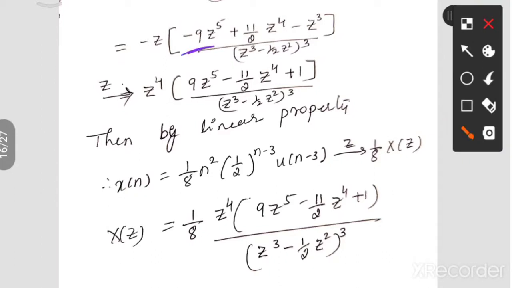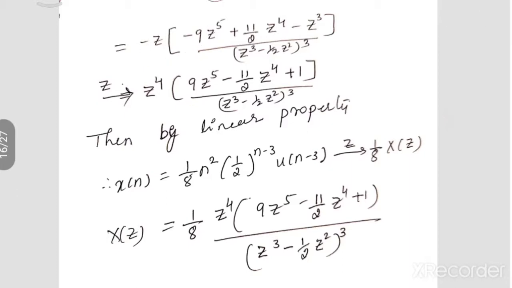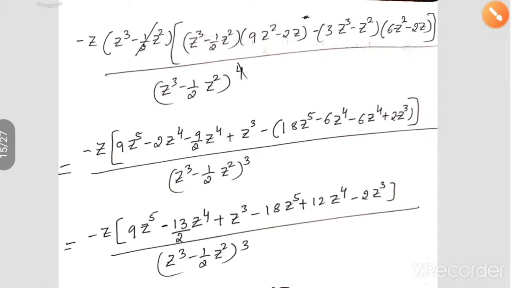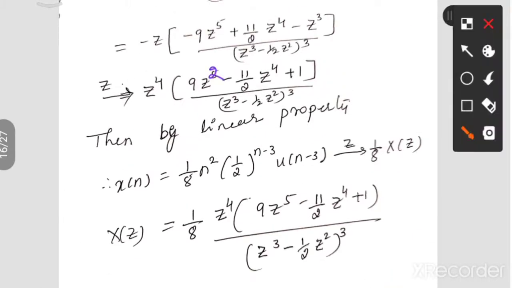The minus sign you take inside, it will be minus 9z square minus 11z plus 1 remains, divided by the denominator.